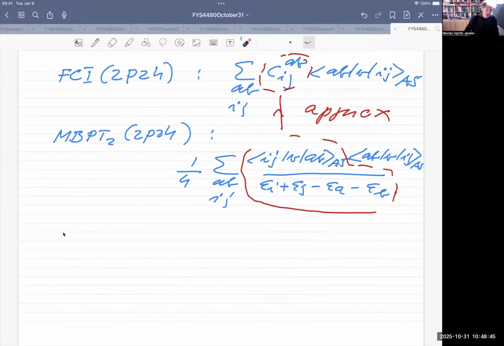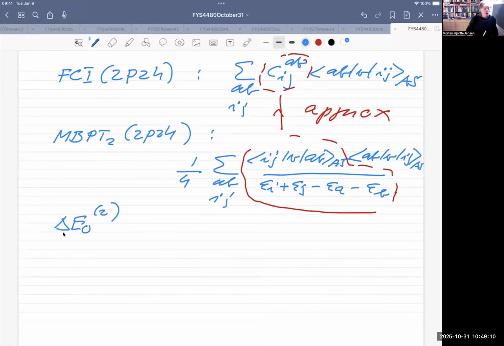Now, if we collect everything, let's just summarize many-body perturbation theory to second order. So delta E0 to second order with Rayleigh-Schrödinger perturbation theory. We should keep in mind that we are now using Rayleigh-Schrödinger perturbation theory, and every term, order by order, is something which we can calculate.